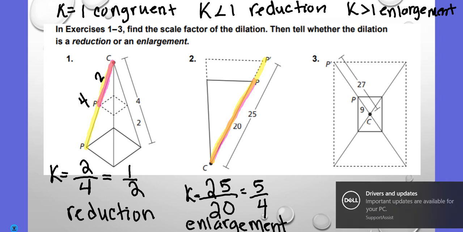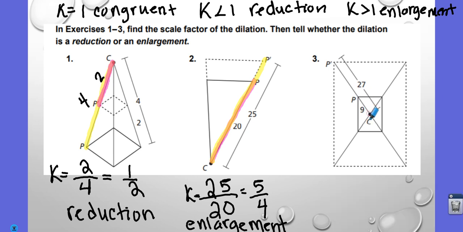Okay, let's do the next one. Here we go from C to P. That's the original, and it looks like we go from a small line to a bigger line. So we know that's going to be some kind of enlargement. Now we just need to figure out the scale factor. Then my k has to be greater than 1 if that's an enlargement.